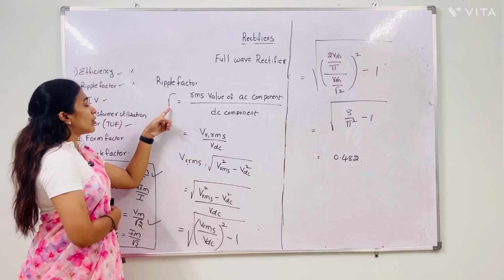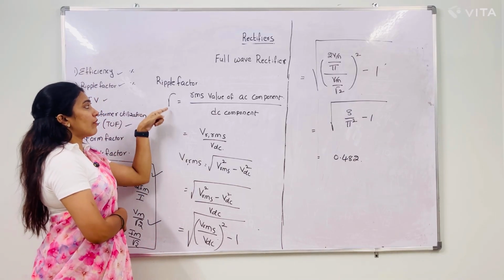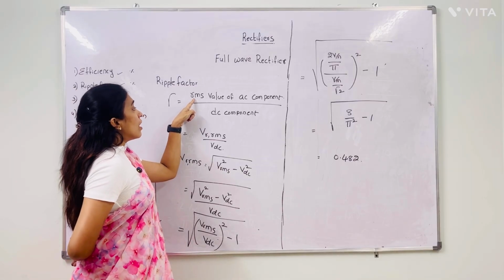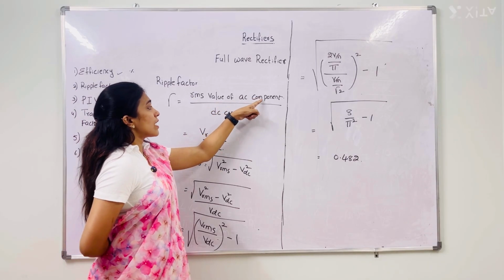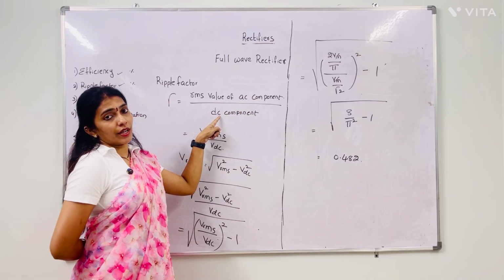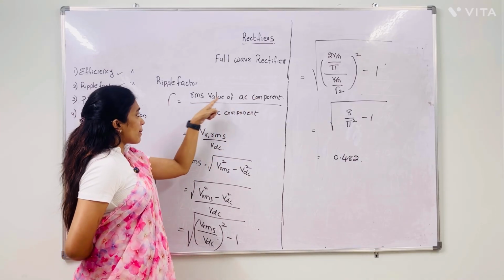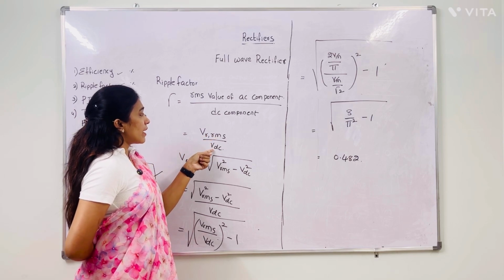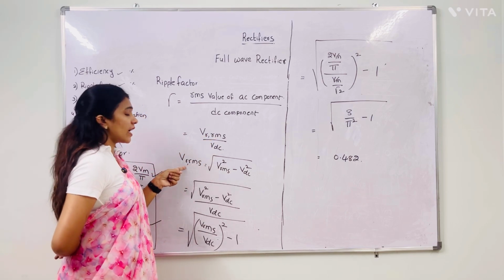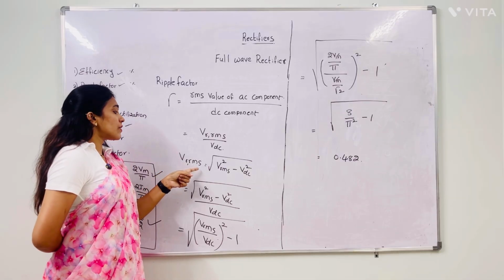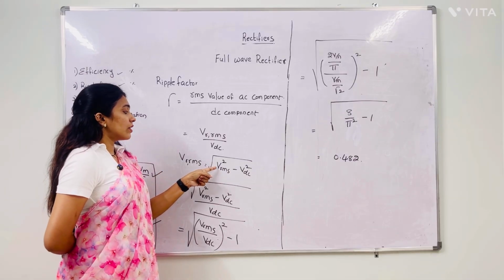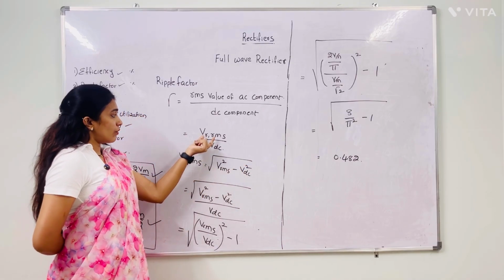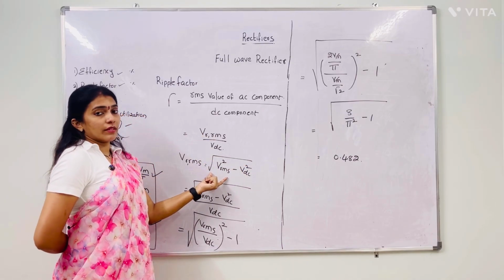For ripple factor, gamma equals the ratio of RMS value of AC component to DC component, so VR RMS by VDC. Here VR RMS formula is square root of VRMS square minus VDC square.